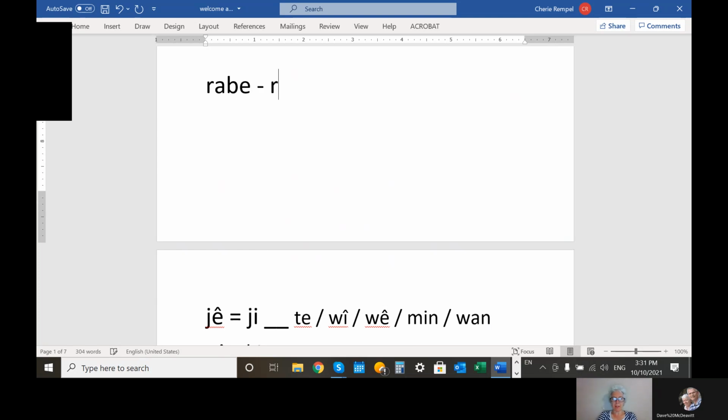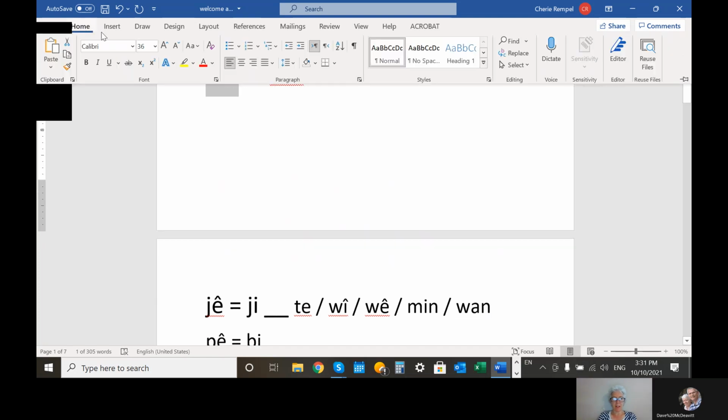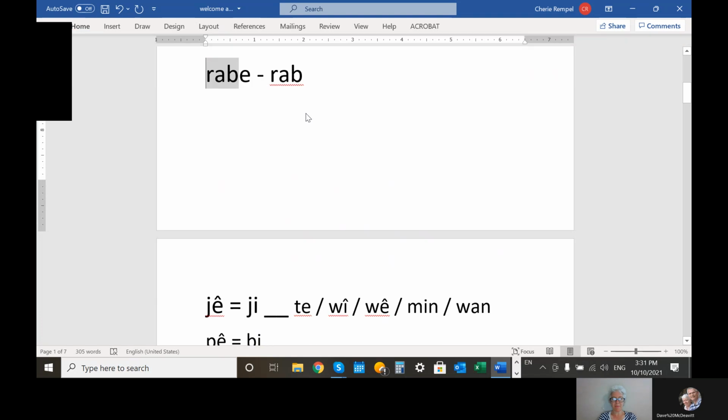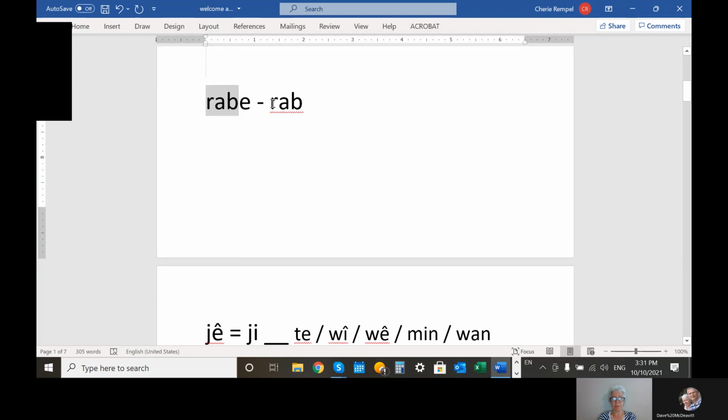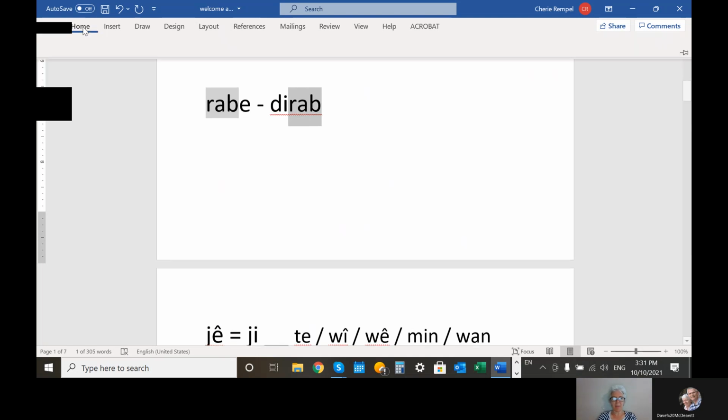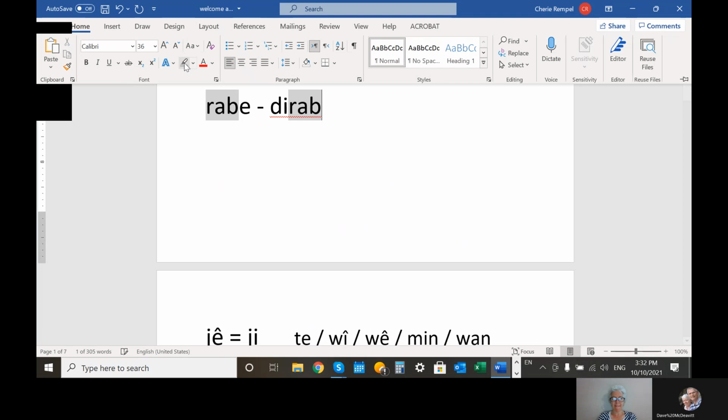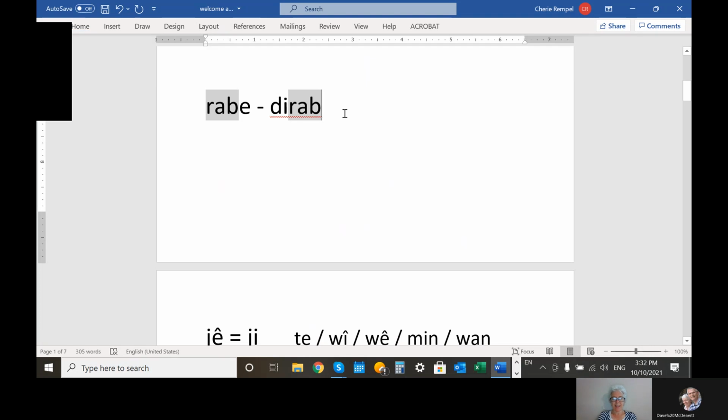Your present stem is Rob. And you form that by dropping the a. Okay, so here's our present stem. Okay, so the formula is you add di and then your stem, and then your verb ending.